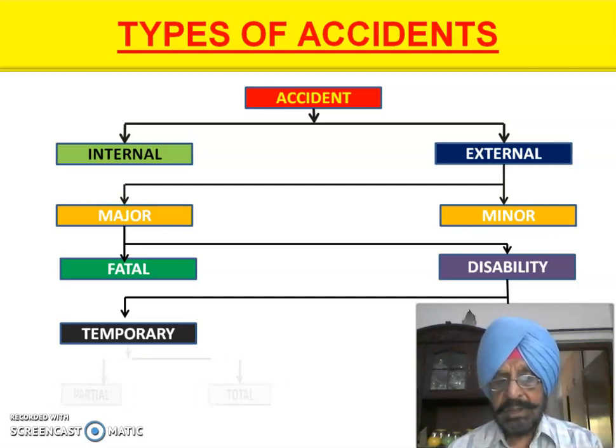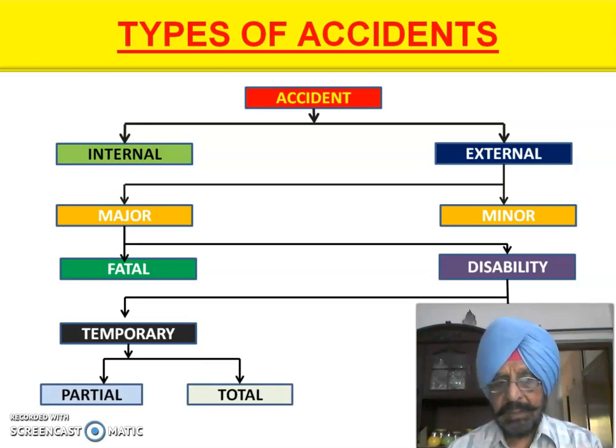Now, temporary or permanent can be both partial or total. That is, for a short period of time you are treated and you become alright, or temporary total, that means a total loss for some temporary period, say a week or 10 days or 20 days.